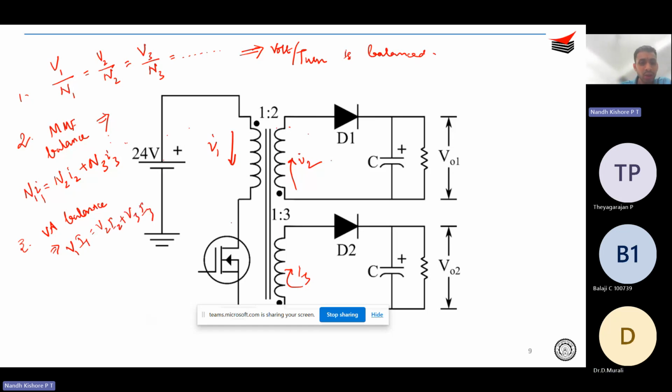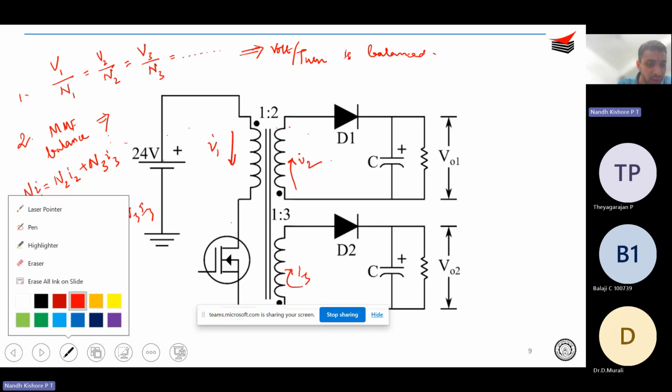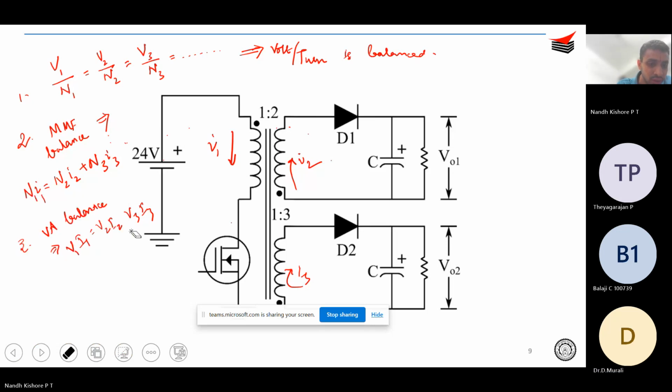So this is something that is always, I'm sorry, V1 I1 should be equal to V2 I2 plus V3 I3. So this is something that is always maintained in a transformer, right?